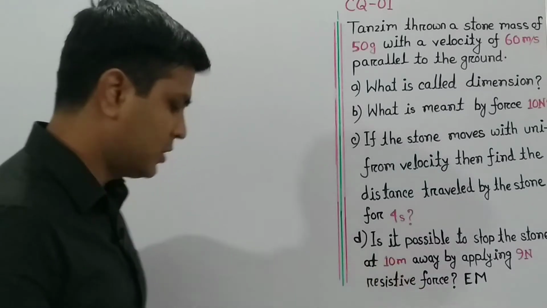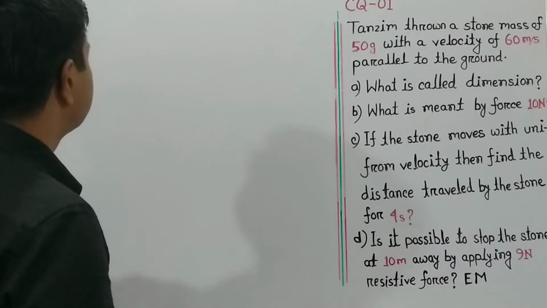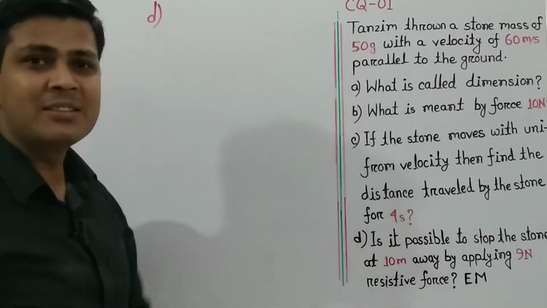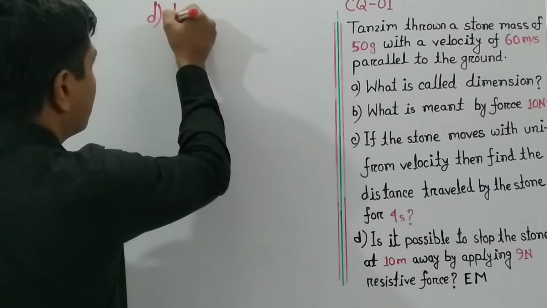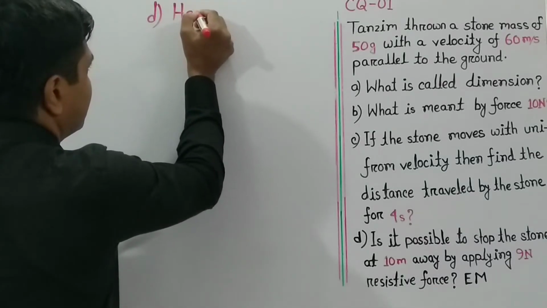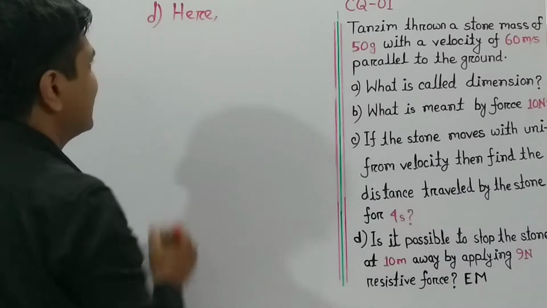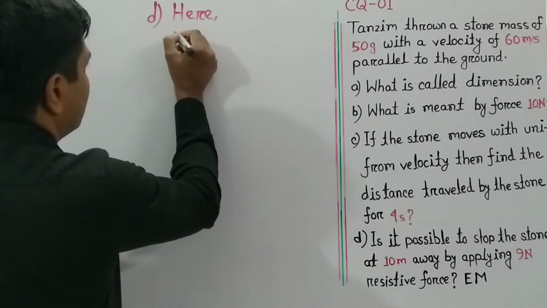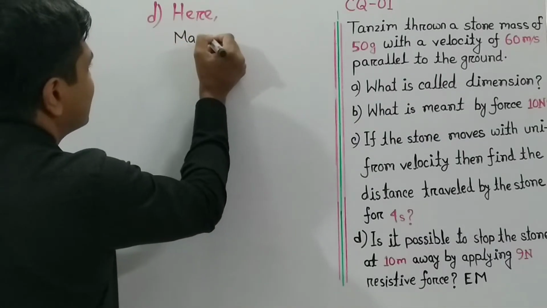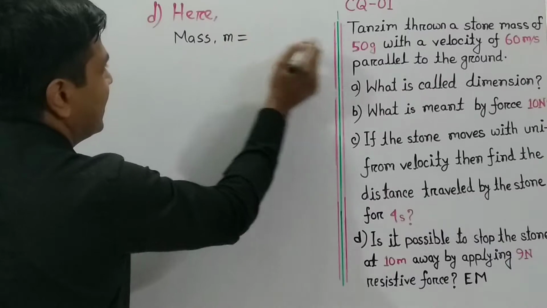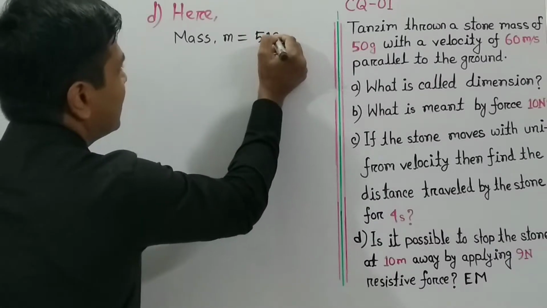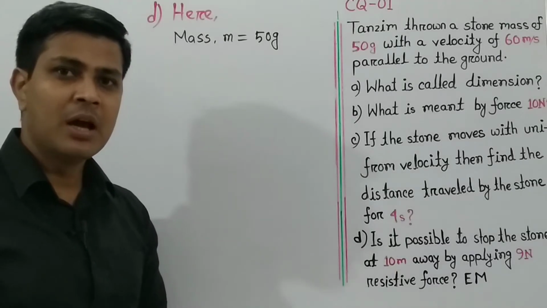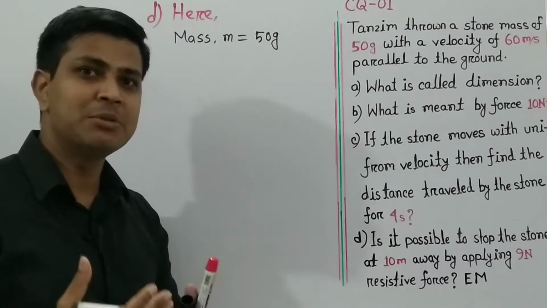Let's see the given quantities. Mass m of the stone is given here as 50 gram, and we know gram is a CGS unit and we have to convert it into MKS, that means SI unit.